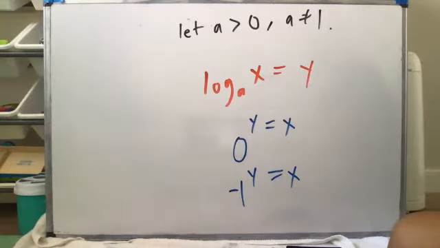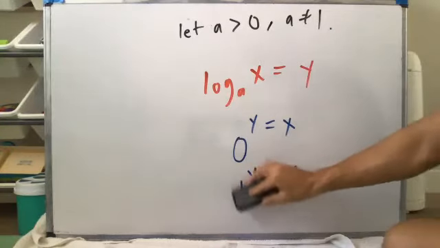Negative 1 to the what power is equal to x. Sorry, I'm just trying to think about this now. I confused myself. Oh, negative number to a power. What's the problem with that? Okay, let's look at 1 first.